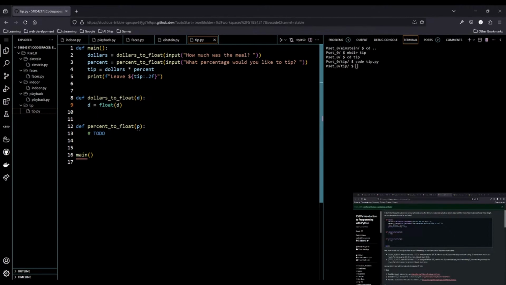Would it not just equal dollars equals float? Return dollars? Right?